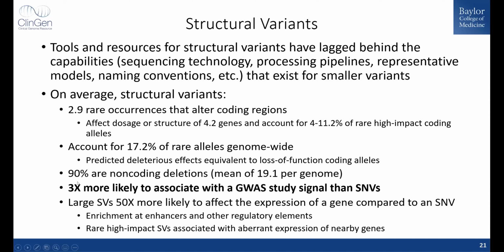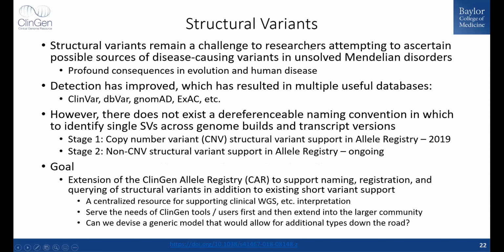90% are non-coding deletions, three times more likely to associate with GWAS studies than SNVs. And as these large SVs are large, they're likely to affect the expression of a gene compared to an SNV. So again, these things challenge the researchers in really looking for these disease-causing variants in these unresolved Mendelian disorders.